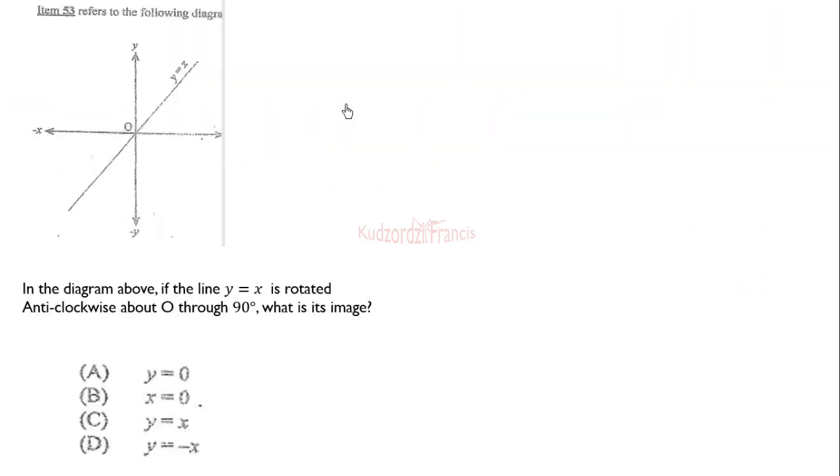Now let's look at question 53. Item 53 refers to the following diagram. In the diagram above, if the line y equals x is rotated anti-clockwise about O, that is the origin, through 90 degrees, what is its image?